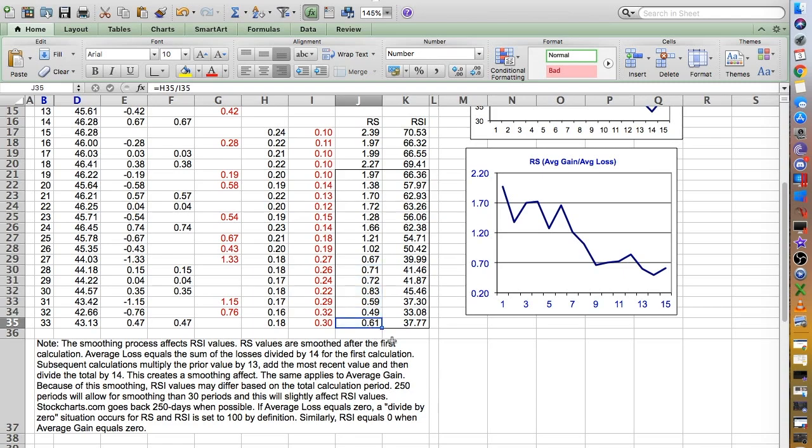Technically, when an RSI goes down to 0.61, knowing the math behind how RSI is calculated, it means that it is going down below or closer to 30.